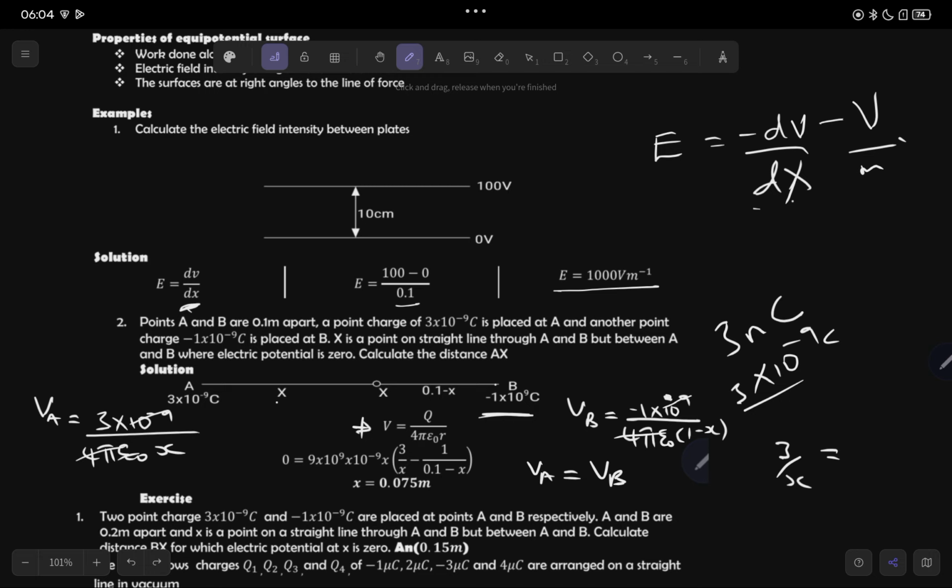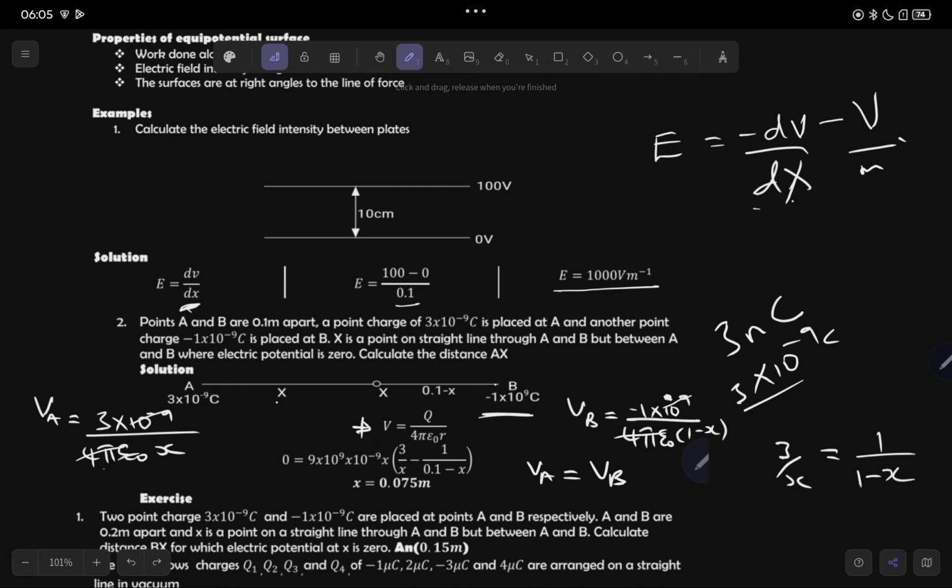This is the electric potential due to A, and this is due to B, and since one is positive and one is negative, for us to get 0, they should be equal in magnitude. So on this side we shall have 1 over... the 4 pi has already cancelled. Here we have 1 minus x.